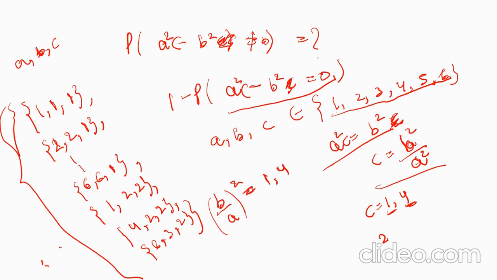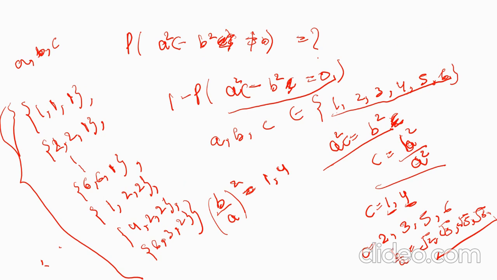Now, similarly, when C is equal to, let's say, 3, 5, or 6, then B by A is root 3, root 5, and root 6, right? Now B by A cannot be an irrational number.